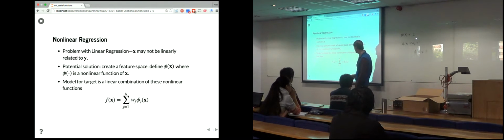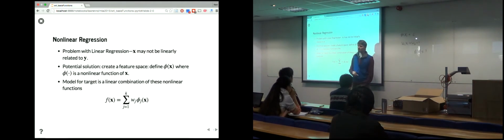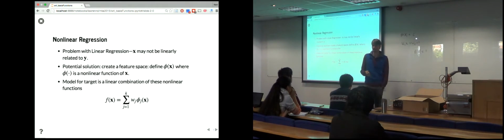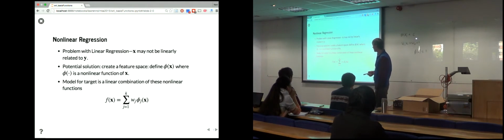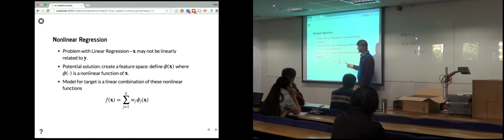Here it's shown for multivariate input x, but we'll focus on one-dimensional input x in class today. Sometimes this is called a feature space. You'll hear it talked about as a feature space in the support vector machine literature. If you've heard about neural networks, this is a neural network as well, if these are the neurons in the network.